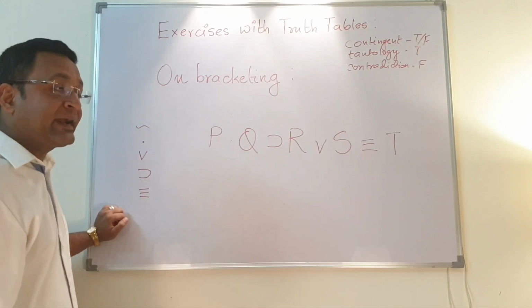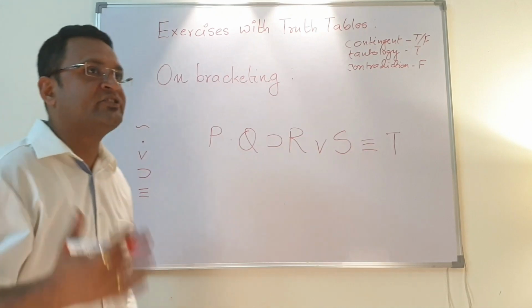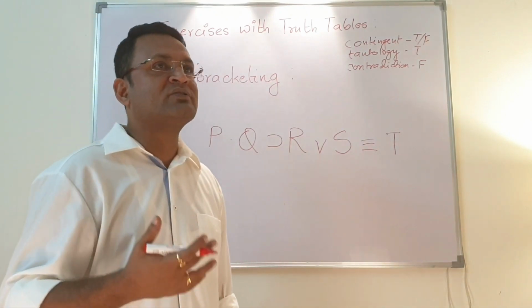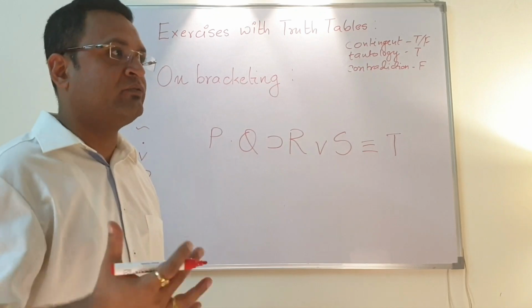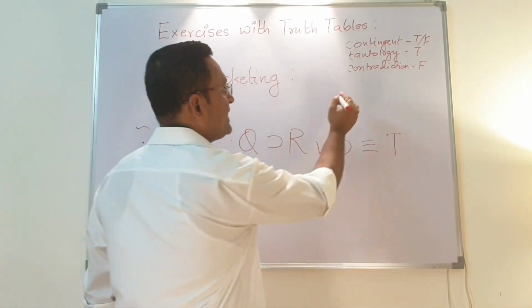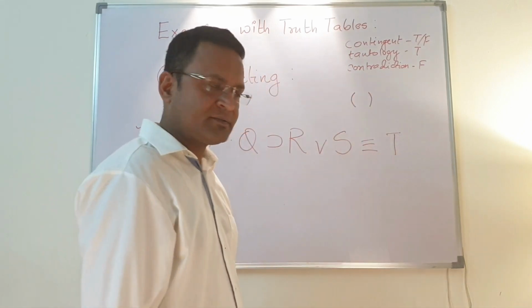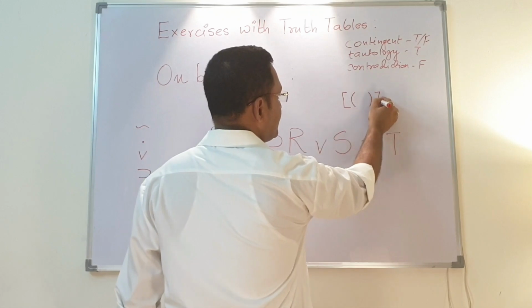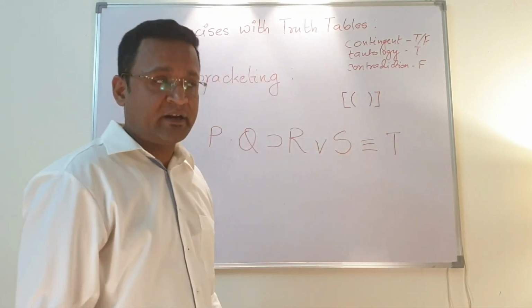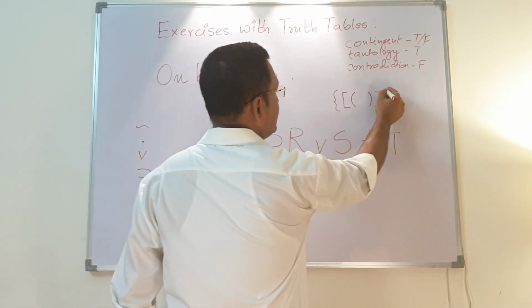Now, how to put the brackets? In this book, the convention followed by most logicians, including Irving M. Copi, whose book we are using, is to use the parenthesis as the first bracket, like normal mathematics, the square bracket as the second, and the curly bracket as the third.